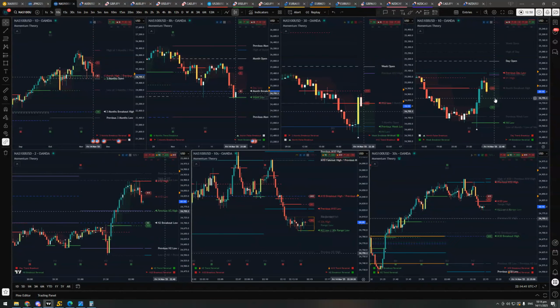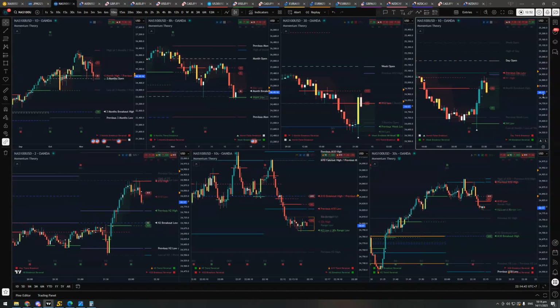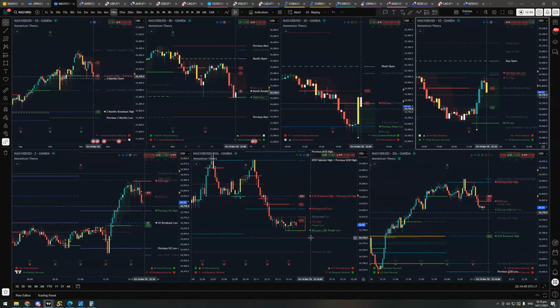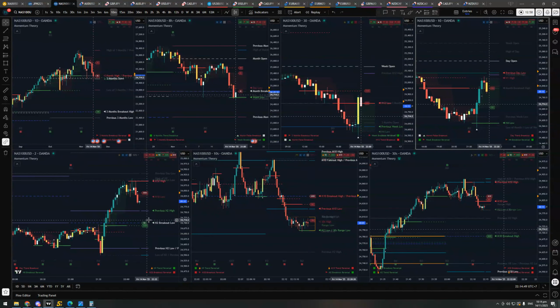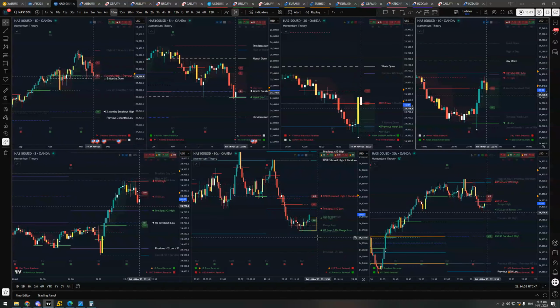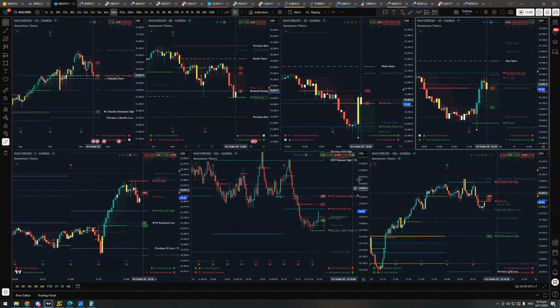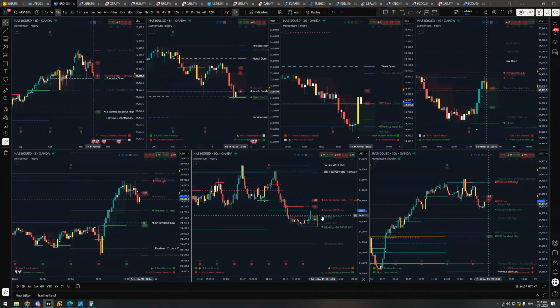Timing is all right here. Okay, starting to push back up. M10 and M2 are so close that I'm just going to wait for the M10 to flip.